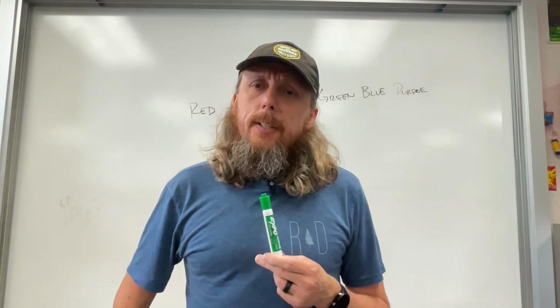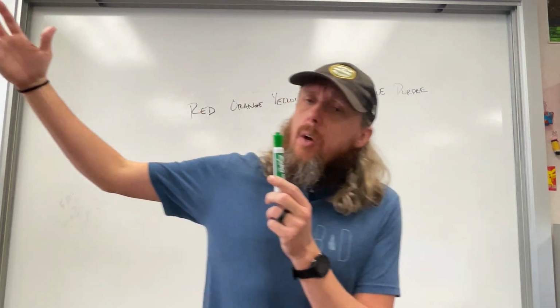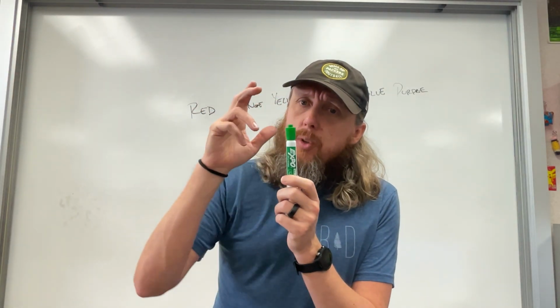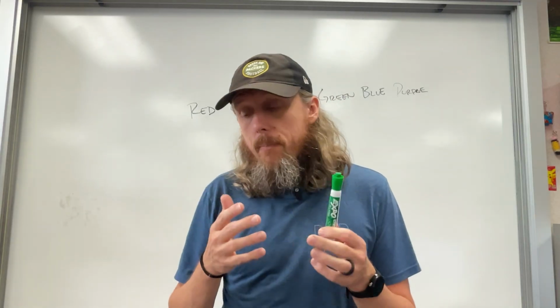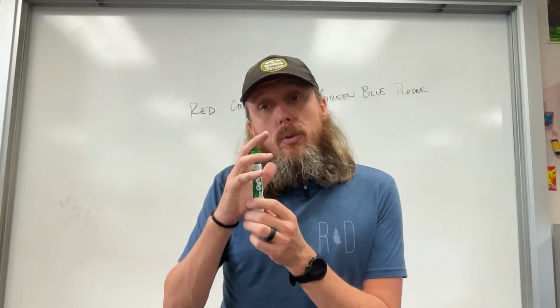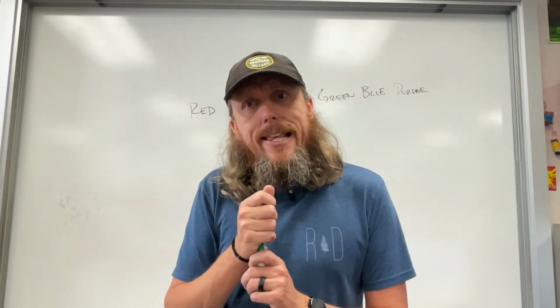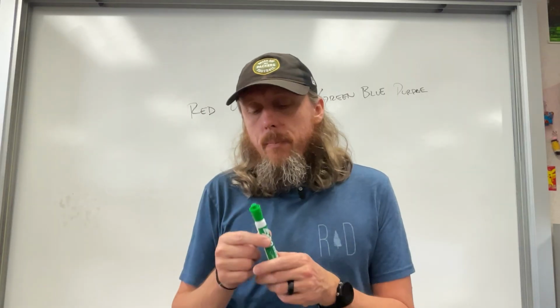Why black? Okay, well, let's go back to our thought right here. If we've got white light coming in and it hits this, it's going to absorb every color but green and reflect green onto our eyes. If we shine green light onto it, it absorbs every color but green. There's no other colors other than green, so it doesn't absorb anything, and it reflects the green into our eyes.